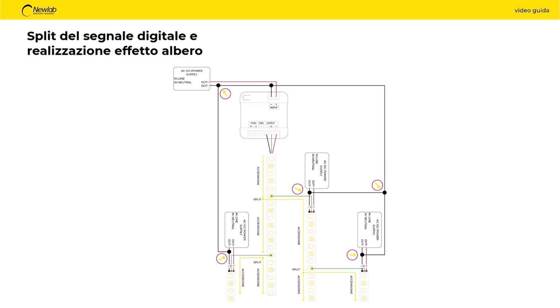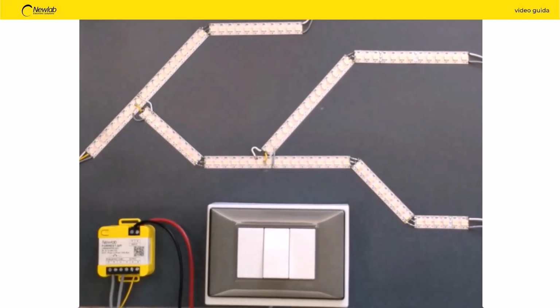Digital signal split. With the Forrest-SPI device, it is possible to create 3 effects using all scenarios already on board the dimmer without the need for special settings. Starting from the basic wiring diagram, branch out the digital signal and arrange the LED strips according to the effect you want to achieve.